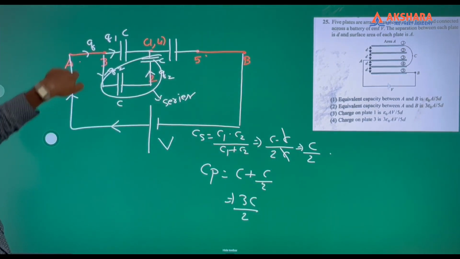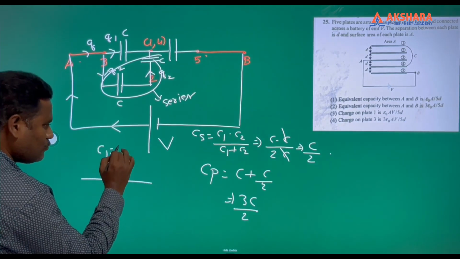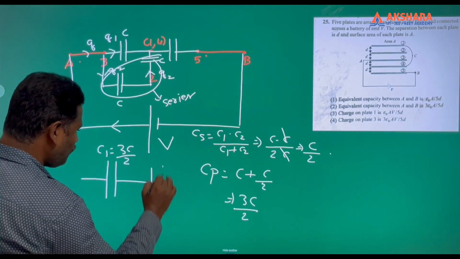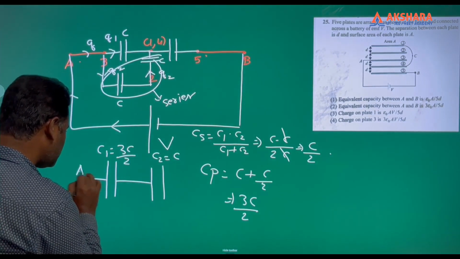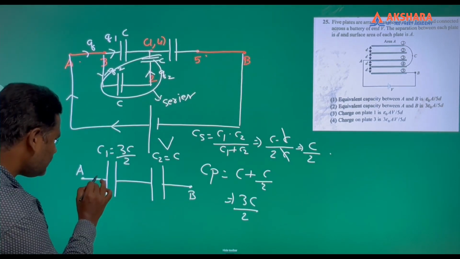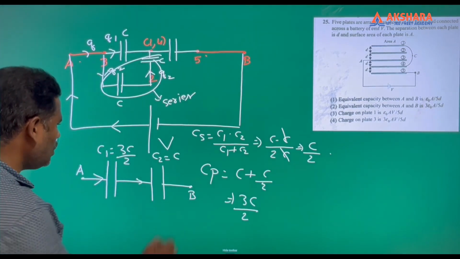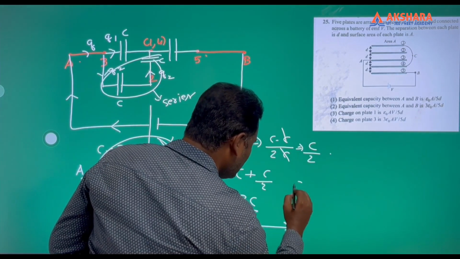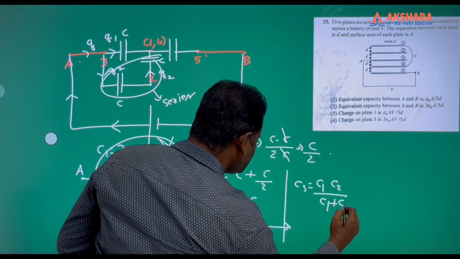Now these three capacitors we replace with one capacitor of capacitance 3C by 2, and we are having one more capacitor, C2 equal to C. These two are connected in what combination, children? Series combination. If you observe here, whatever charge flows, same charge flows here. So for series combination, Cs is equal to C1 C2 divided by C1 plus C2.